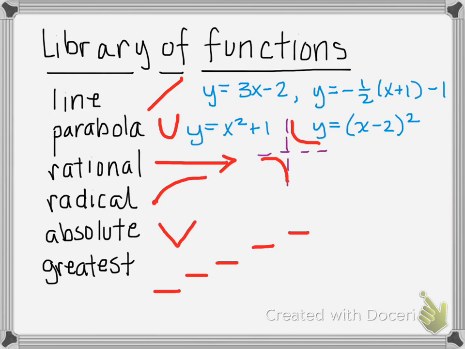Rational functions, maybe you're not as familiar with, but that's going to involve something with 1 over x. That's going to be the rational function. Radical function, of course, is going to involve a radical x. Absolute value function, absolute value of x. Let me talk briefly about that.